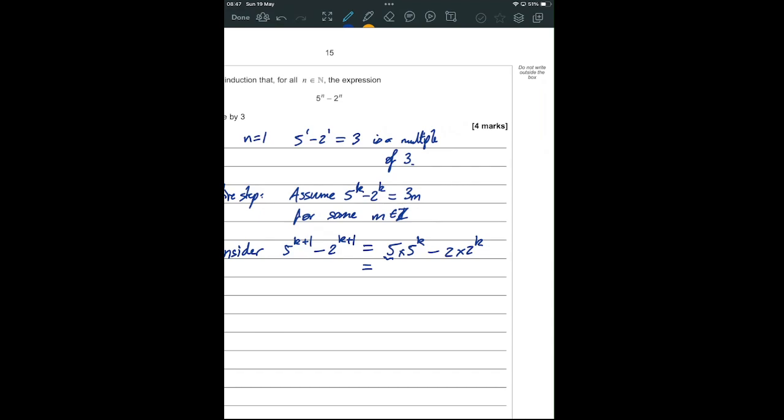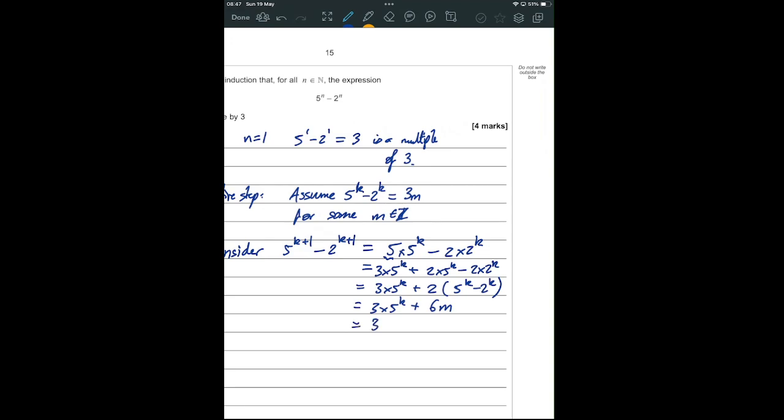So I can write this as 3 lots of 5 to the k plus 2 lots of 5 to the k minus 2 lots of 2 to the k. So that's 3 lots of 5 to the k plus 2 lots of, surprise, surprise, the thing we already know. So that's 3 lots of 5 to the k plus 6m.